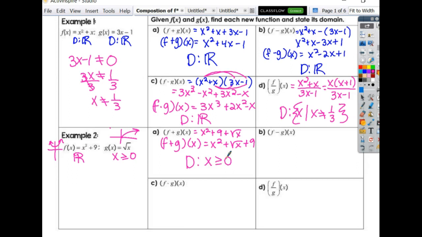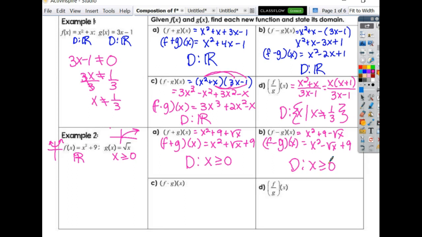And so that's not going to change when I subtract. I'm going to take x squared plus 9 minus the square root of x. And I'm going to write the x's first. So the domain is still restricted. Does that make sense?